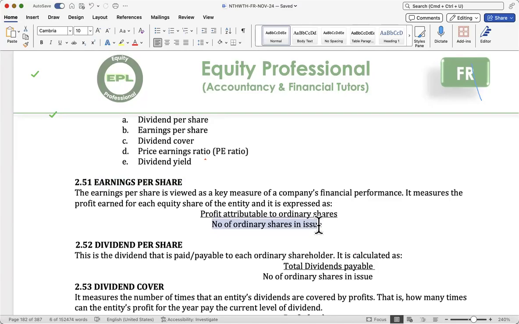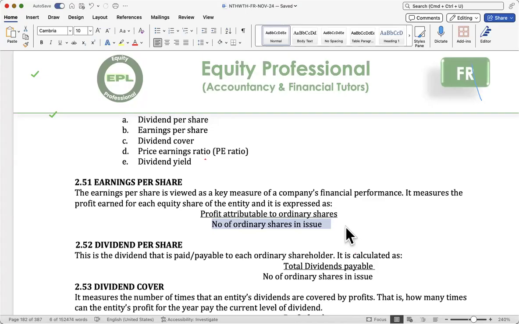So earnings per share majorly focuses on the ordinary shareholders. In fact, it's because of this ratio that return on equity, that second ratio I told you on the profitability ratios, has become irrelevant, because earnings per share is a better measure than return on equity. So earnings per share is just the best. Of course, the higher the better.